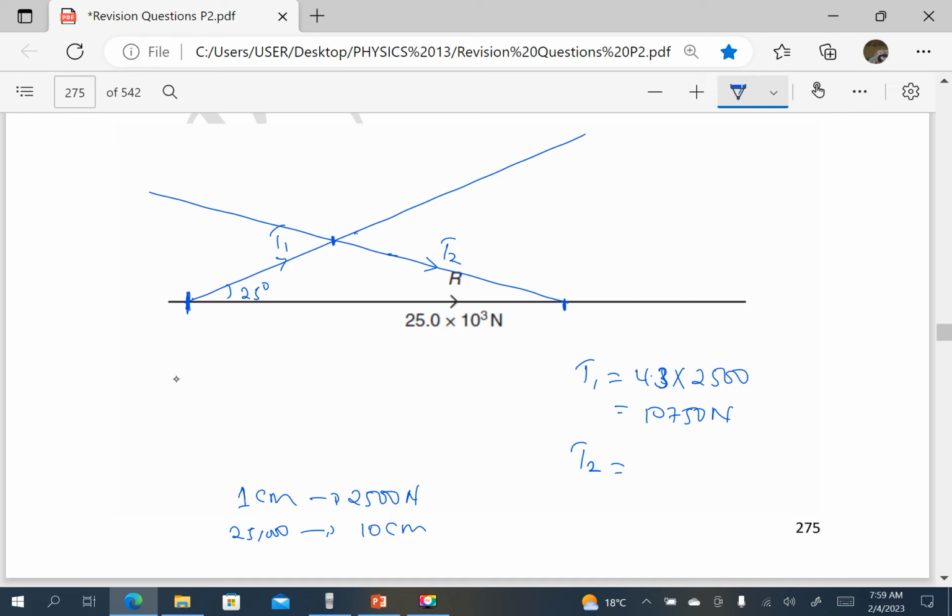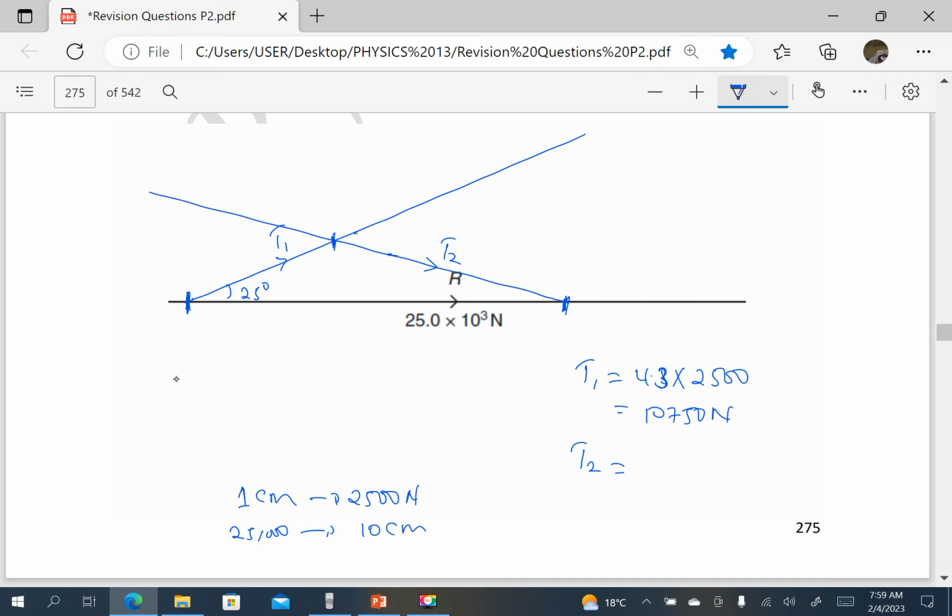T2 is going to be equal to the length. I measure the length for T2 from here up to this point. That is 6.4.